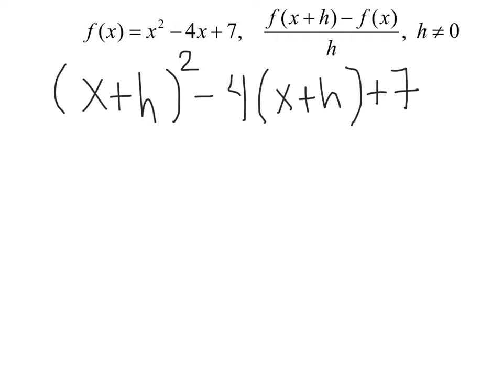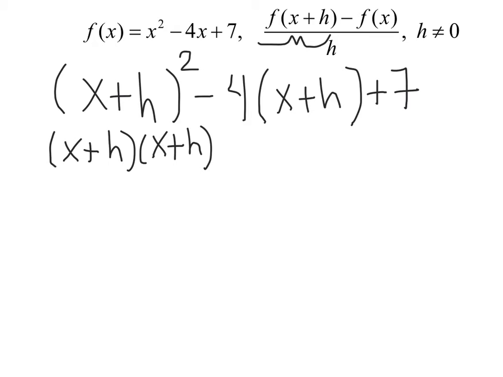All right, now we're just working on this part of our difference quotient right here. We're just working on that part of it first. All right, so here I have an x plus h squared. That's simply x plus h times x plus h.